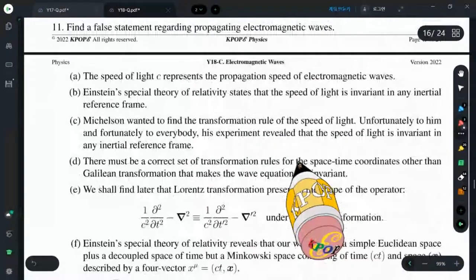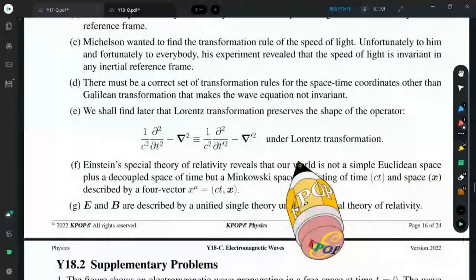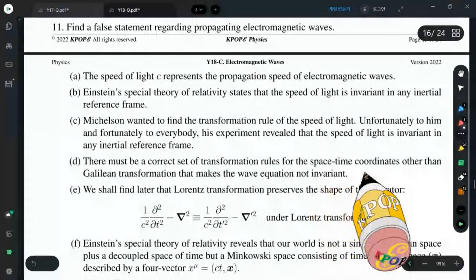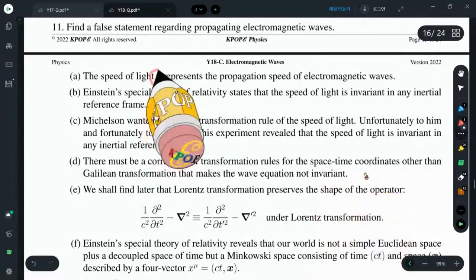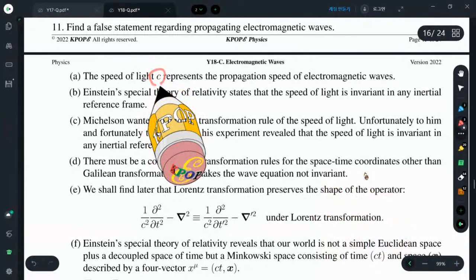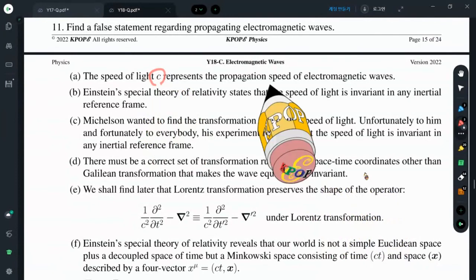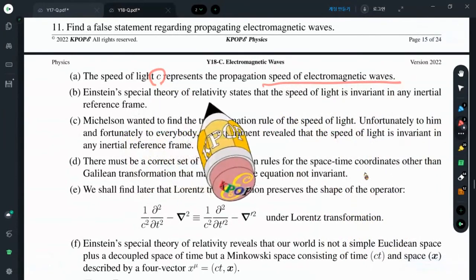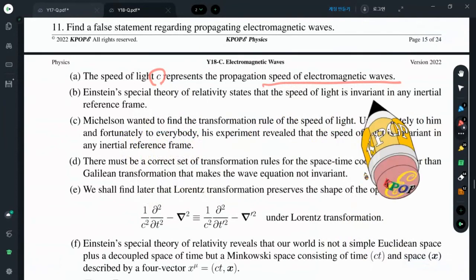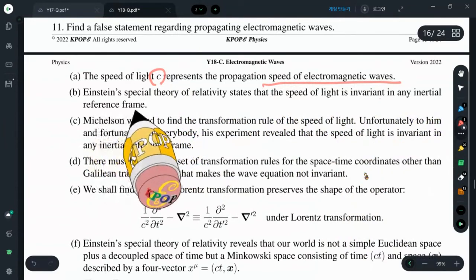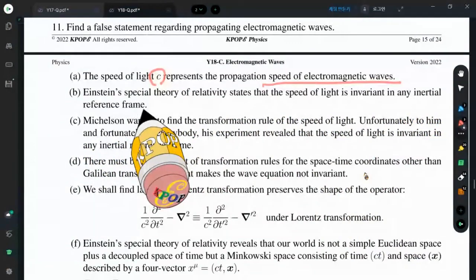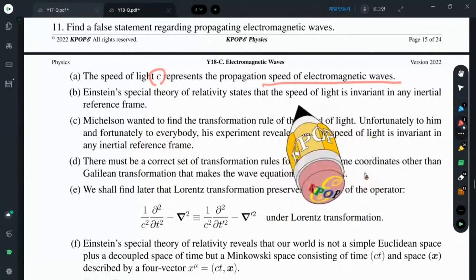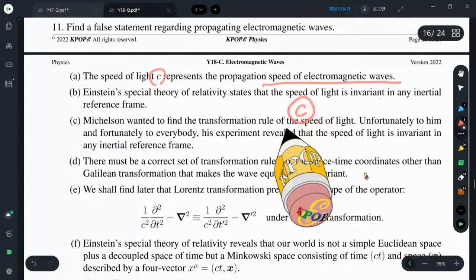I think you can read this through by yourself, but let me explain what's going on here. The speed of light c represents the propagation speed of the electromagnetic wave. Yes, Einstein's special theory of relativity states that the speed of light is invariant in any inertial reference frame. Actually, our four equations of Maxwell contain the speed of light.